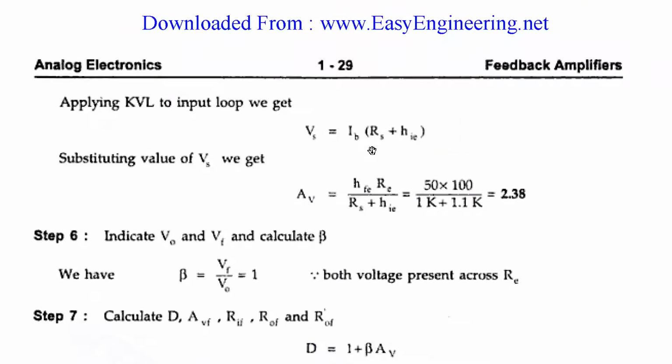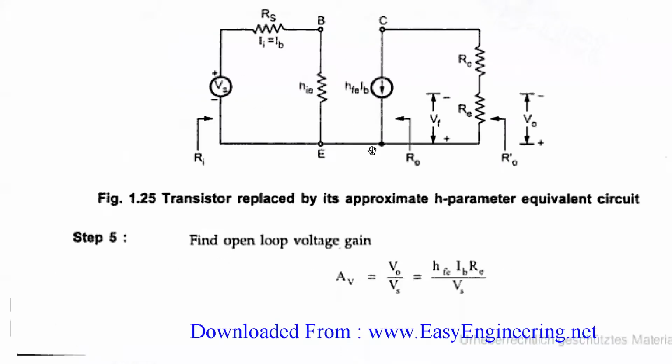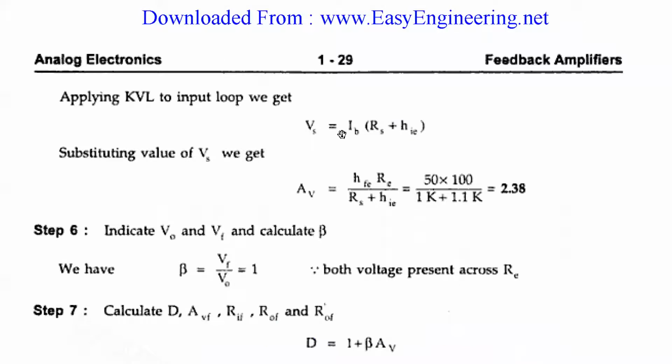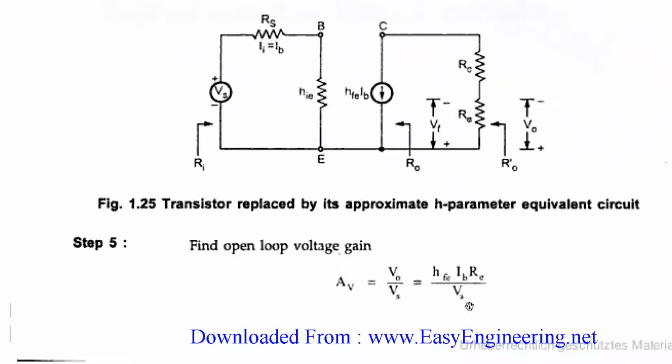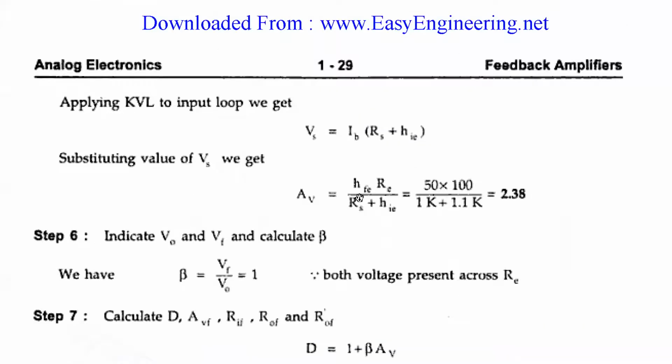The IB cancels, and we get the voltage gain: hfe RE by (Rs plus hie).